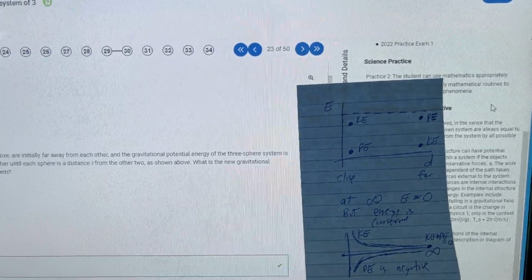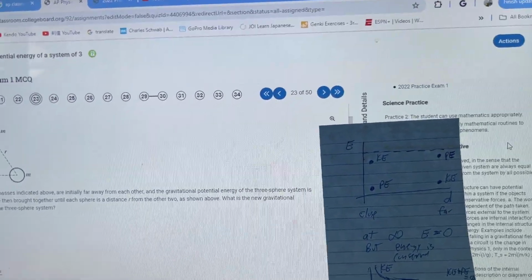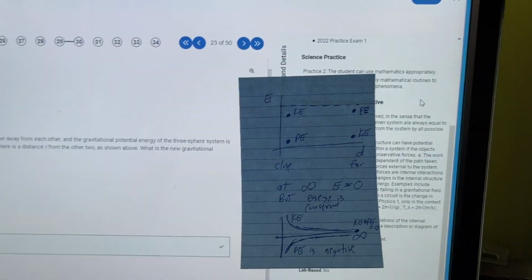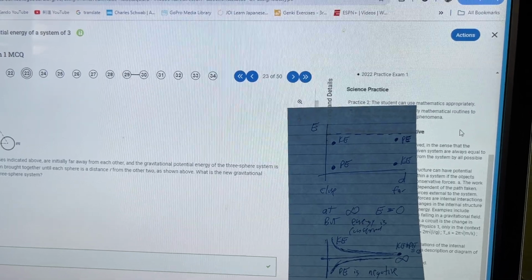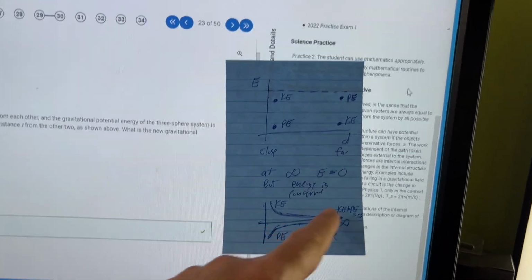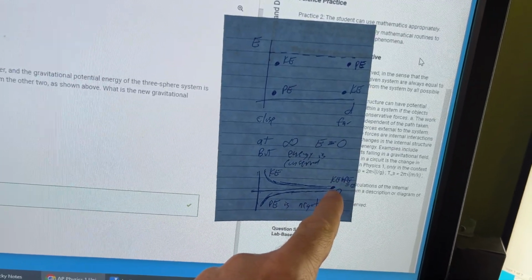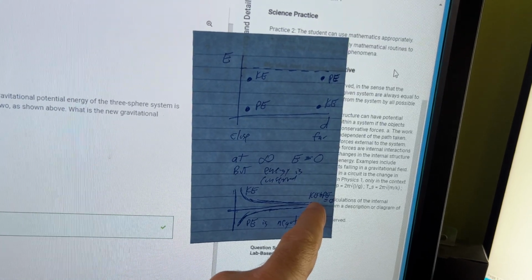So if I had a planet like Earth, and I've got some tennis ball that's way beyond the solar system, right? That system between the Earth and the tennis ball, if it was truly at infinity, would be zero. So the total energy at infinity has to be zero. KE plus PE equals zero at infinity.